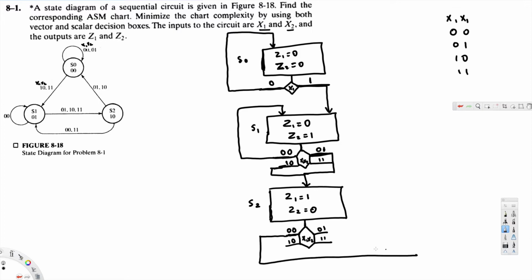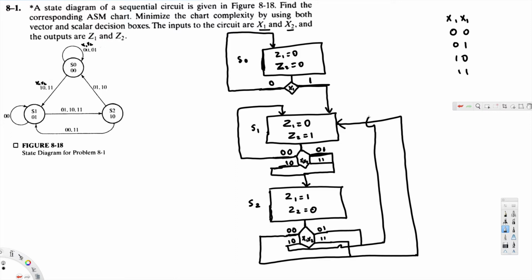And if it's 0 1 or 1 0, it goes to S0. And that's the ASM chart for the given question. And that's how we do that.